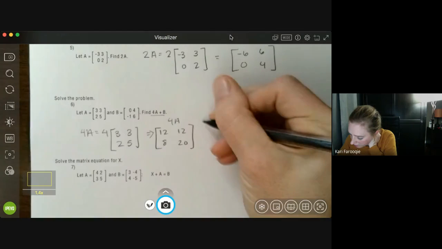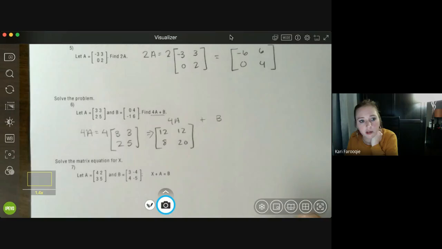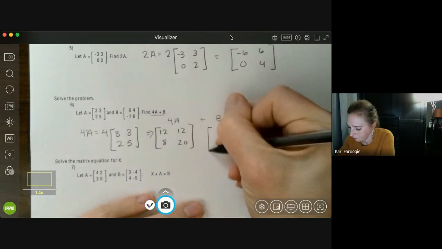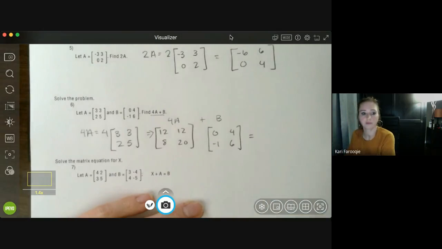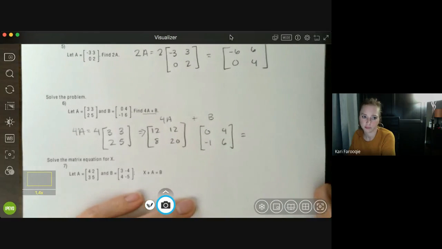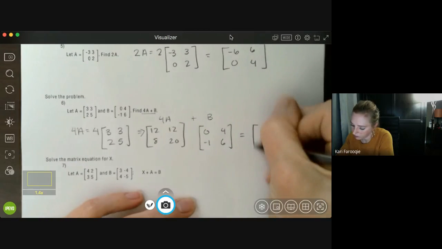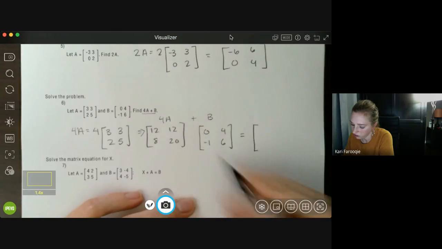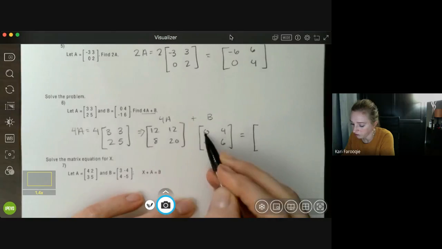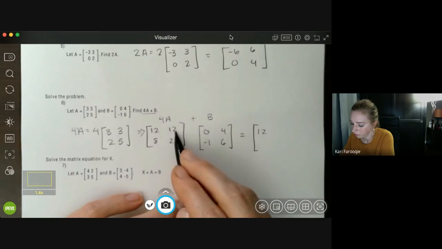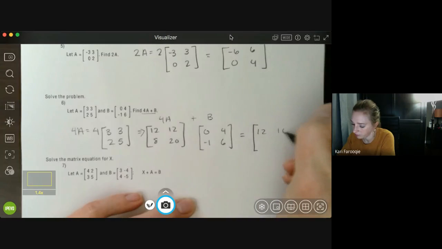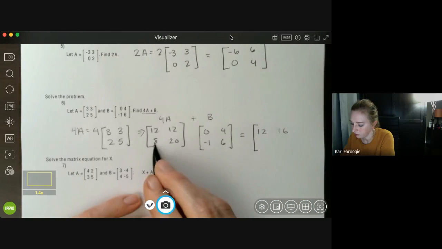And now I'm going to add that to B. Now, if you want to rewrite this, just showing the addition in each element, that's fine. But if you feel comfortable with the addition and just saying 12 plus 0 is 12, do that. 12 plus 4 is 16. 8 plus negative 1 is 7.